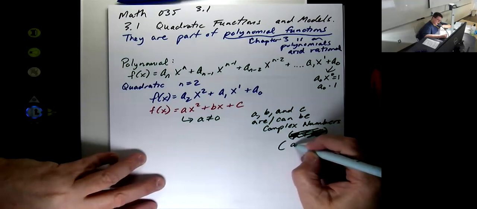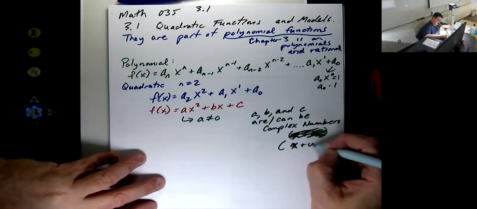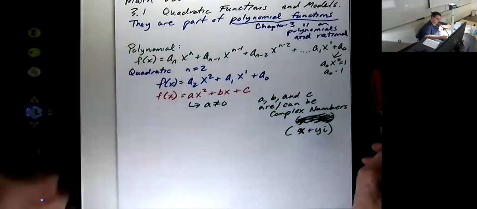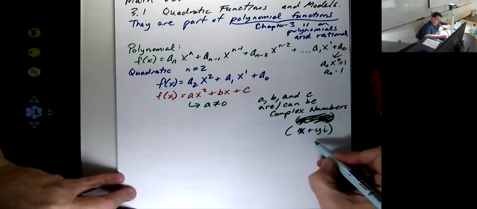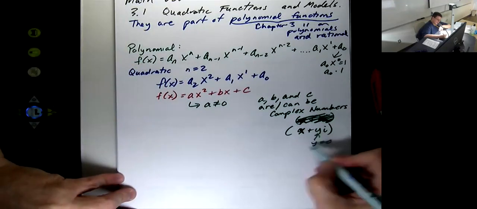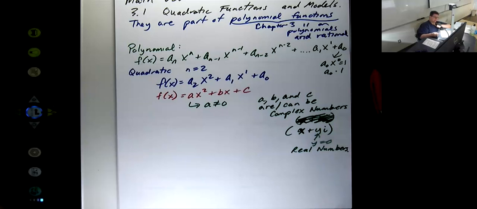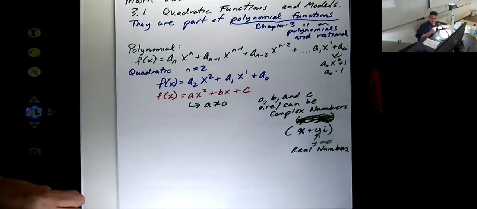Not the same x's and y's, but at least it doesn't look like the a, b, and c up here. If y equals 0, this is a real number. We just have x, there's no i's.